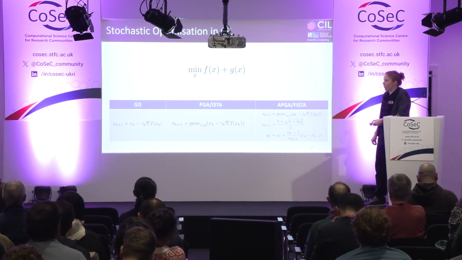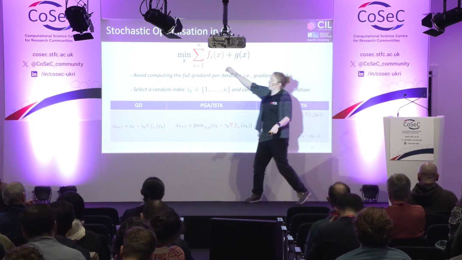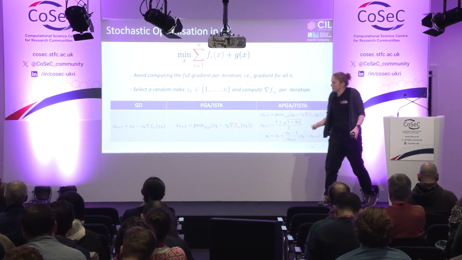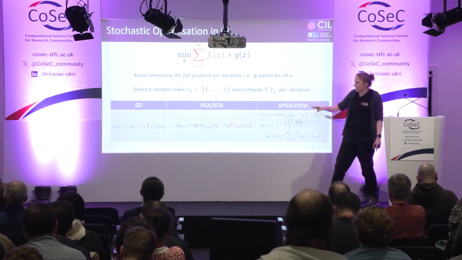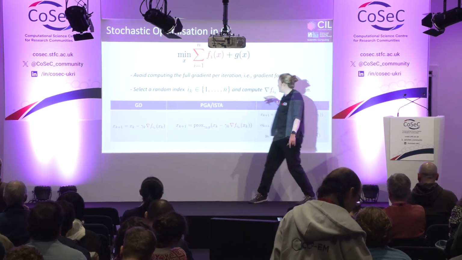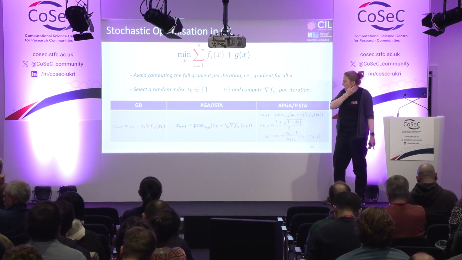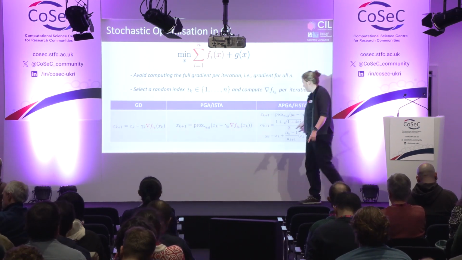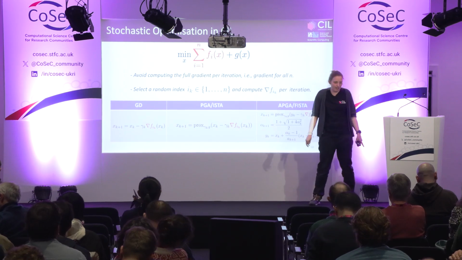What we can do as before is replace that f with a sum of fi. And again, we want to avoid computing that full gradient because it might be expensive. We select a random index ik and compute the gradient for just that iteration. And everywhere that we had a gradient of f in these 3 algorithms, we've replaced it with the gradient of fik.